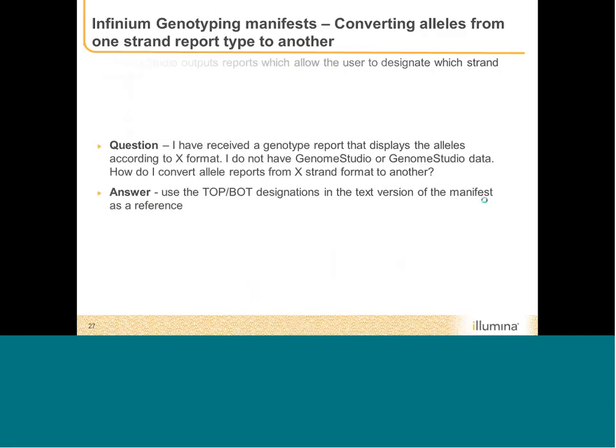And the problem, of course, is what happens if you need a different one. For example, I have received a genotype report that displays the alleles according to X format, whatever format that is. I do not have GenomeStudio or GenomeStudio data. How do I convert this from X to another? The answer is use the top bot designations listed in the manifest.